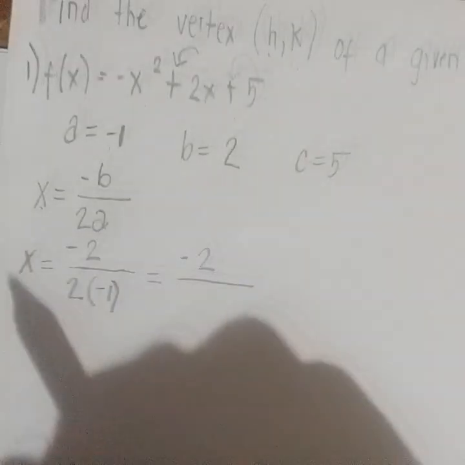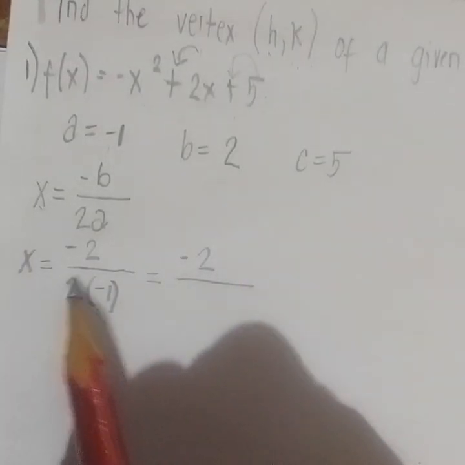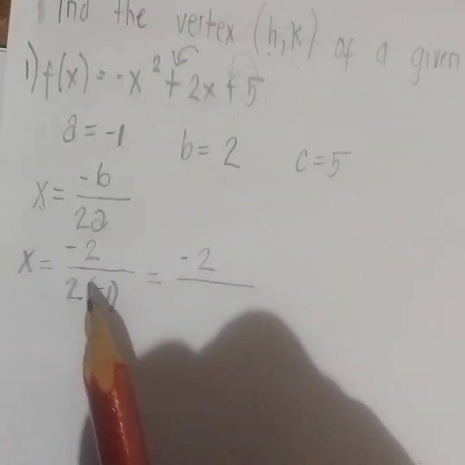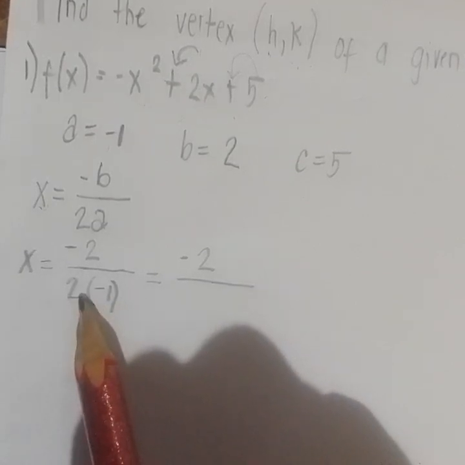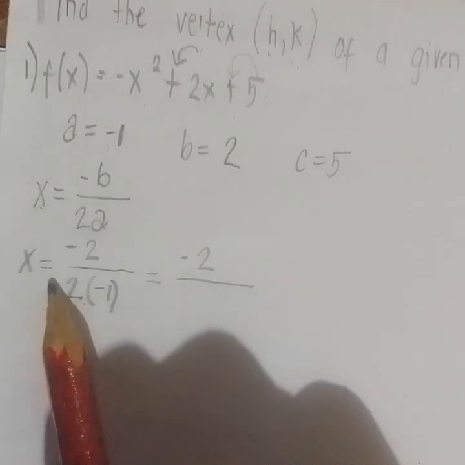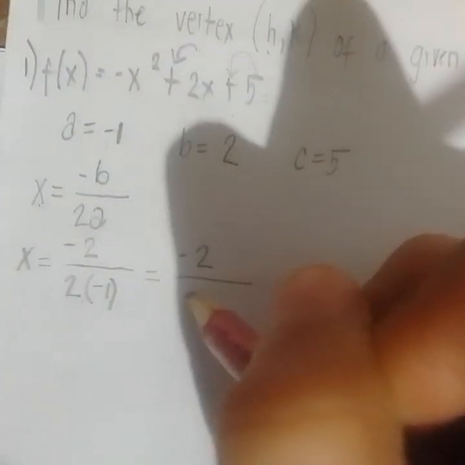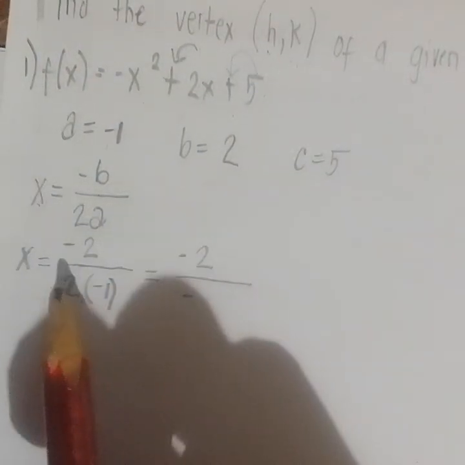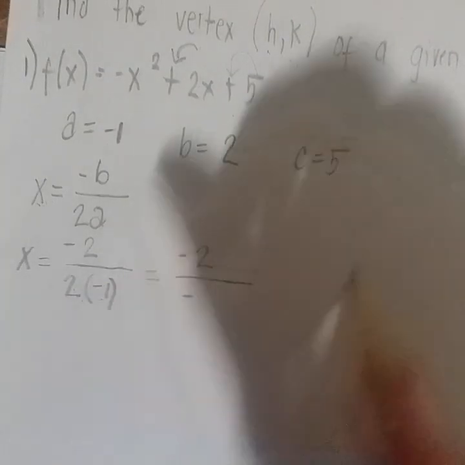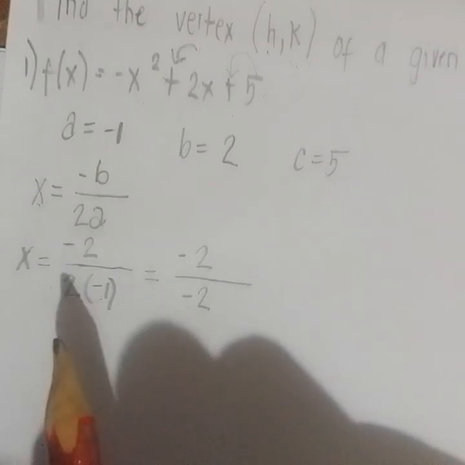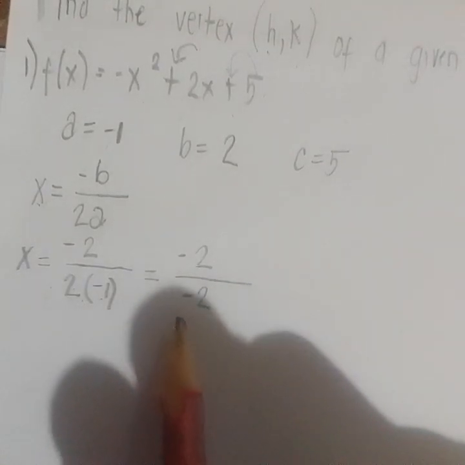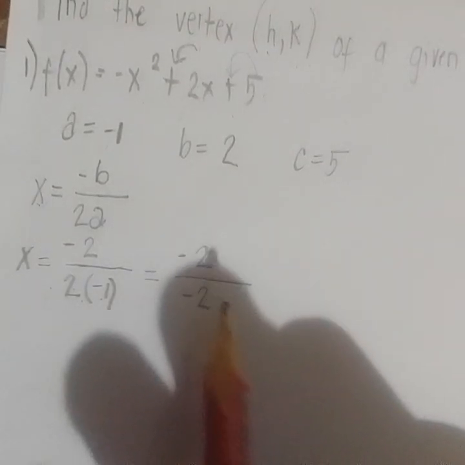So the denominator is, we have the two values, 2 and negative 1. 2 is positive and 1 is negative. So we will multiply the sign, positive times negative, that is negative. Next, the values 2 and 1, multiply 2 and 1, that is 2. So 2 times negative 1 is negative 2.